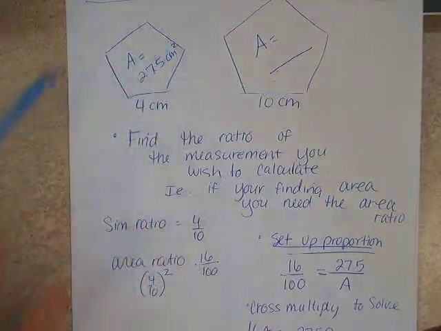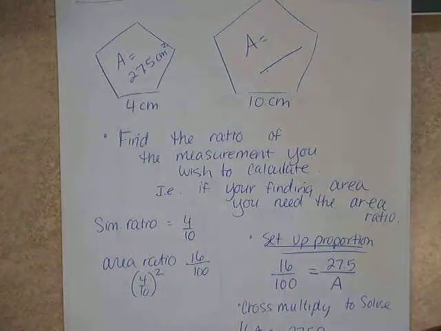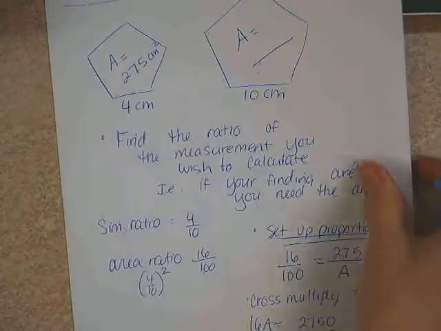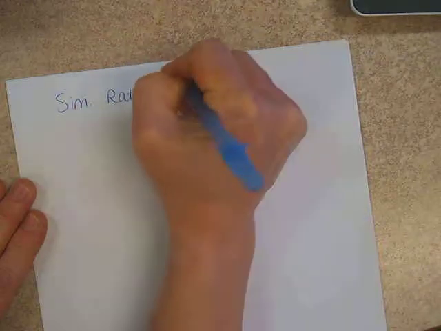Yeah, so the side lengths are what we use to find the area ratio. But they would have to give you the area of the first or the second figure. Not that we couldn't calculate this, you just learned how to do those. But the point is on these that you shouldn't have to calculate them if you know the area of one. You don't have to calculate the other.